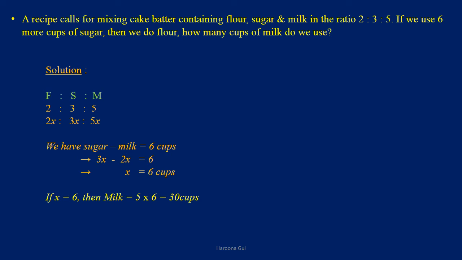So we have sugar as 3x and flour as 2x. So 3x minus 2x is equal to 6, which gives us the value of x, which is 6 cups. And we have to find out the number of cups of milk that we use, which is, if x is equal to 6, then milk is going to be 5 into 6, which is equal to 30 cups, right?